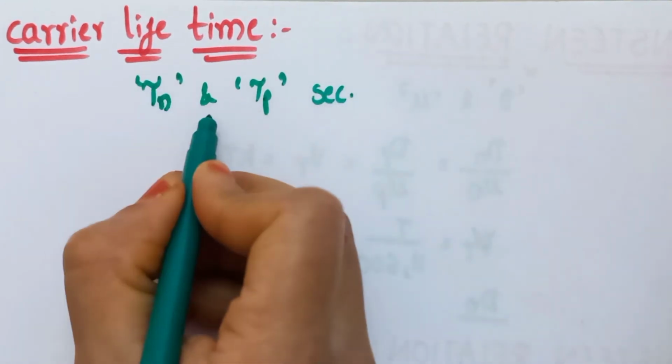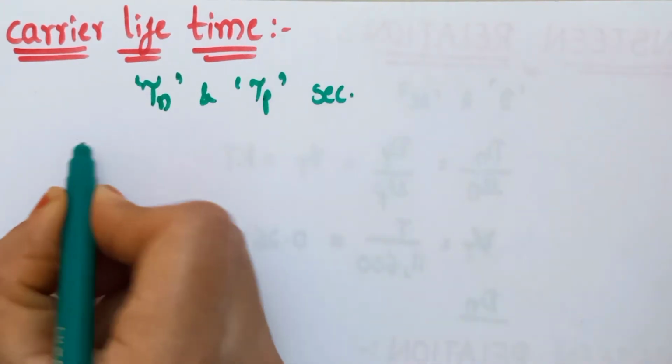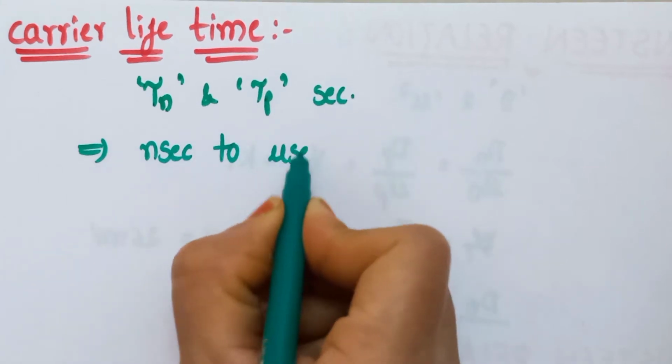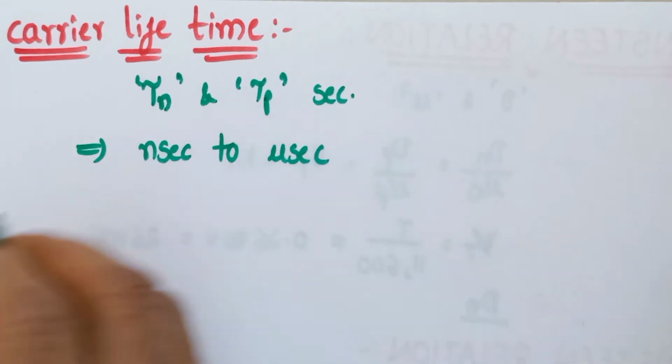So it is called the carrier lifetime. The carrier lifetime ranges from nanoseconds to microseconds. That means the values of tau n and tau p range from nanoseconds to microseconds.